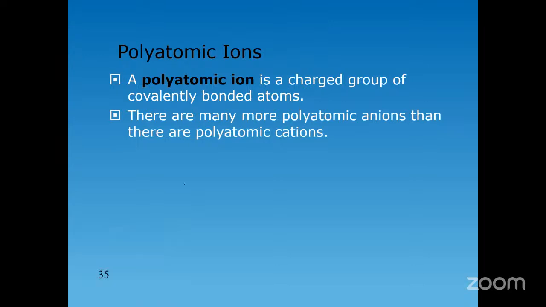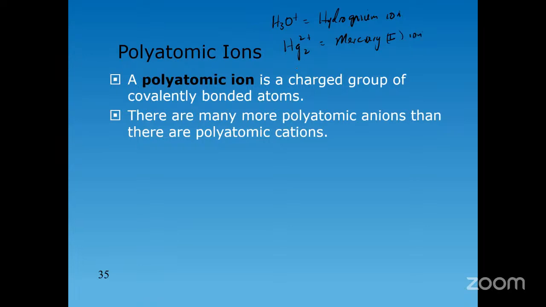I'm just going to write them up here. One of them is H3O+, which is the hydronium ion. The other one is Hg2 2+, which is the mercury(I) ion.